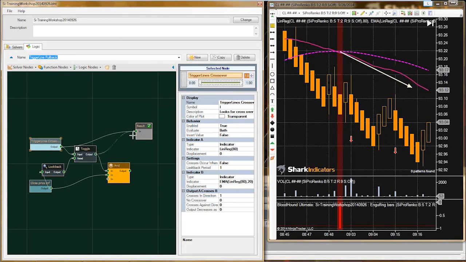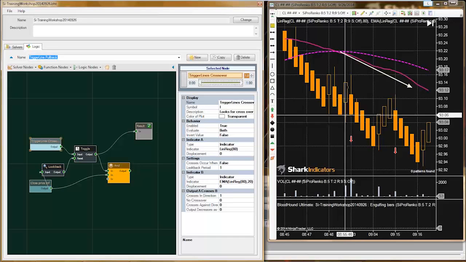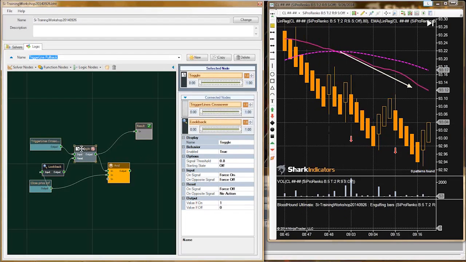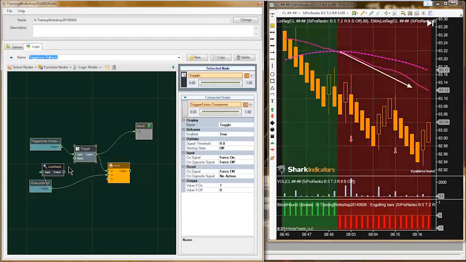And let's take a look at the toggle state and see what's going on here. The toggle node got turned off for some reason. Alright, let's disconnect our reset here. And okay, so there we go.